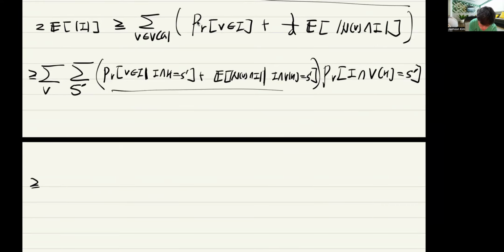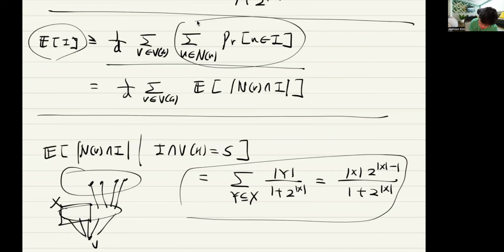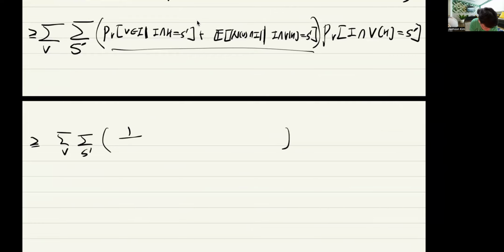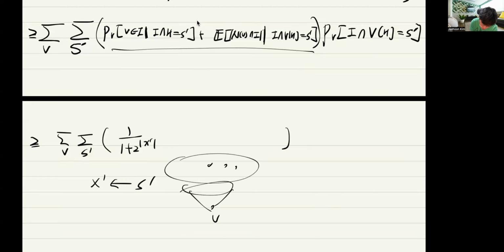And what? We know this. So for each S prime, we have a lower bound. One of them is this: 1 over 1 plus 2, say X prime, where X prime comes from S. So B, its neighborhood, you know, this S prime specific choice, its neighborhood, then the remaining thing, N of B minus the neighborhood of X prime is X prime.